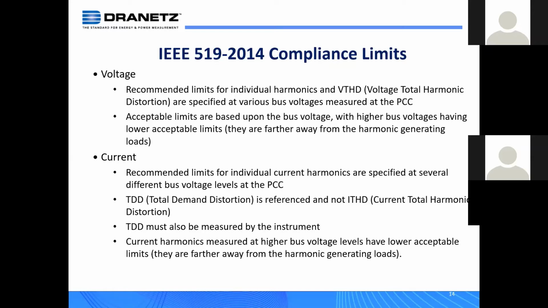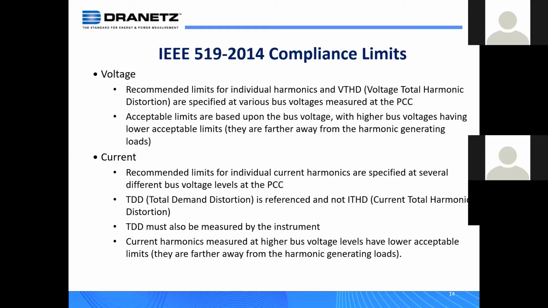So as the voltage goes down, as you get closer, like in the US, to a 480 volt distribution point, or 277, or even 120, 208, your allowable limits on harmonics are raised, because that's where the harmonics are coming from. And again, we're managing it at that point of common coupling. Okay, so the acceptable limits for voltage are based on the bus voltage, again, with higher voltages having lower acceptable limits because they are farther away from the harmonic generating sources.